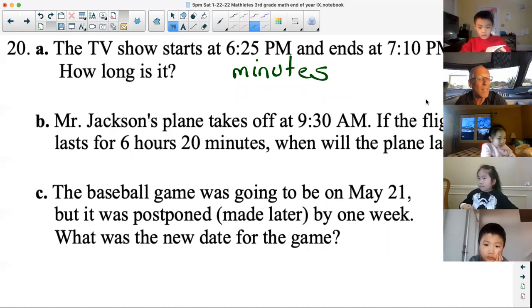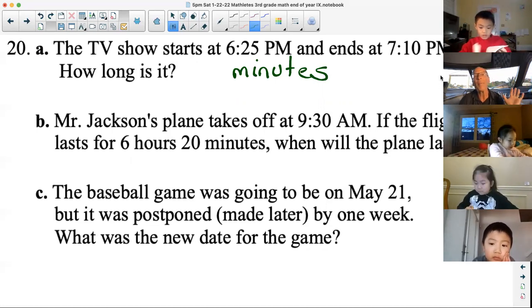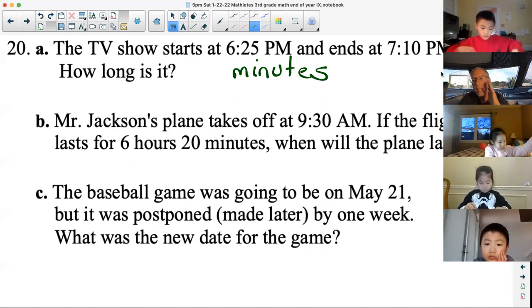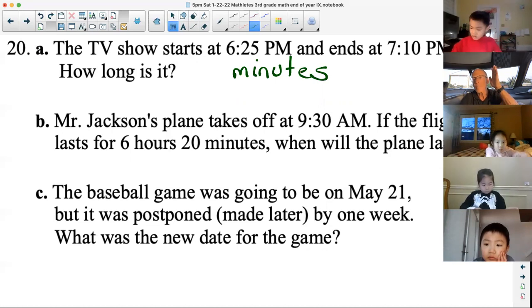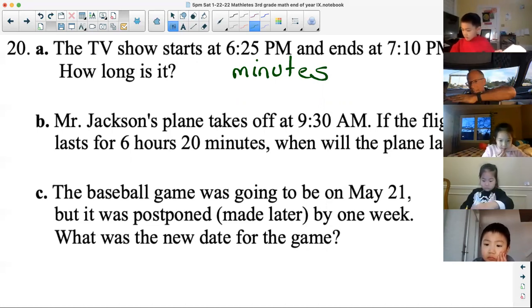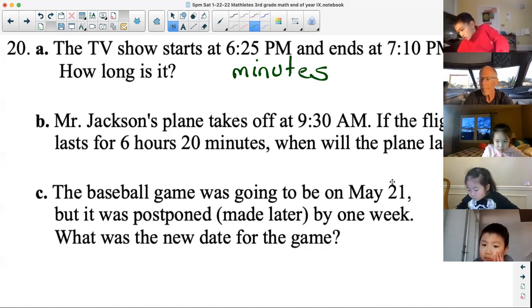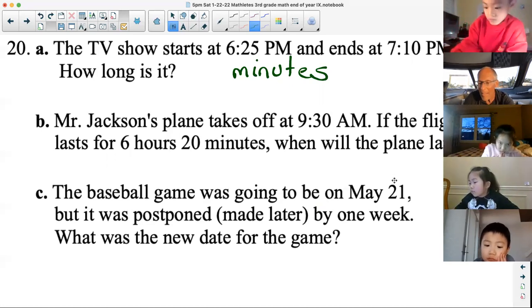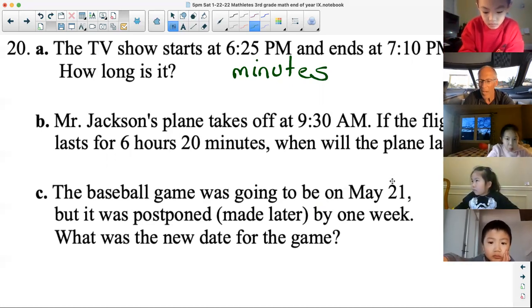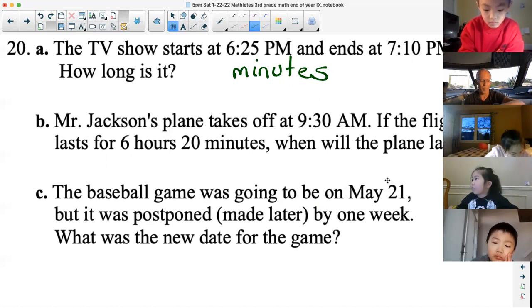The way I like to think about it is how many minutes until 7 o'clock, and then how many minutes from 7 o'clock to 7:10. And then I smush those together and I get my answer. And I love doing time mathematics because we tell time all the time.